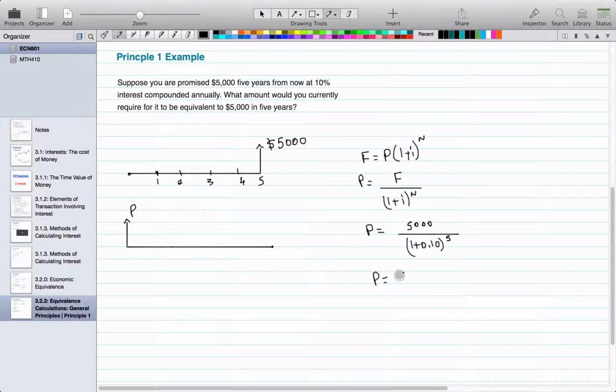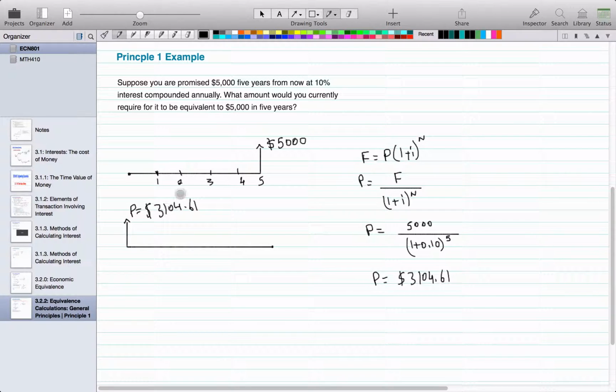P is equal to 3,104.61. So if you have $3,104.61 right now, this is the exact same thing as having $5,000 5 years from now.